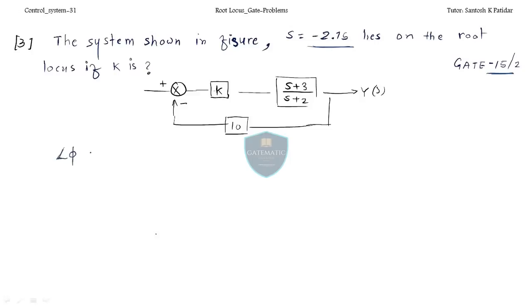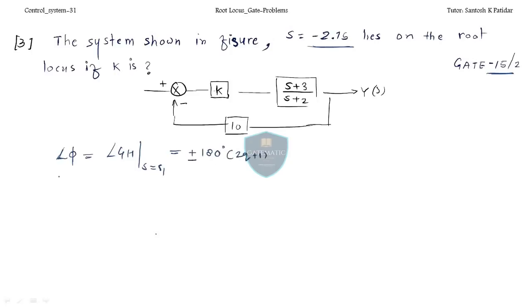If any point s1 lies on the root locus, it will satisfy the angle condition, that is, the angle should be plus or minus 180 degrees, or the multiple of (2q+1) times 180.